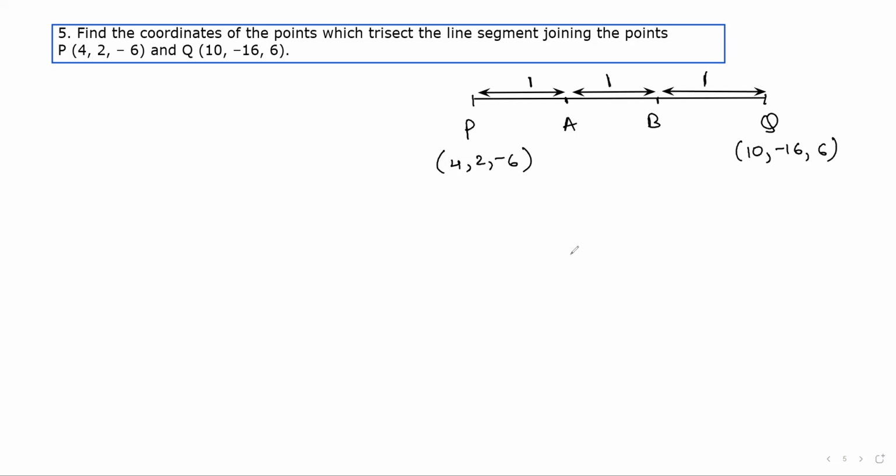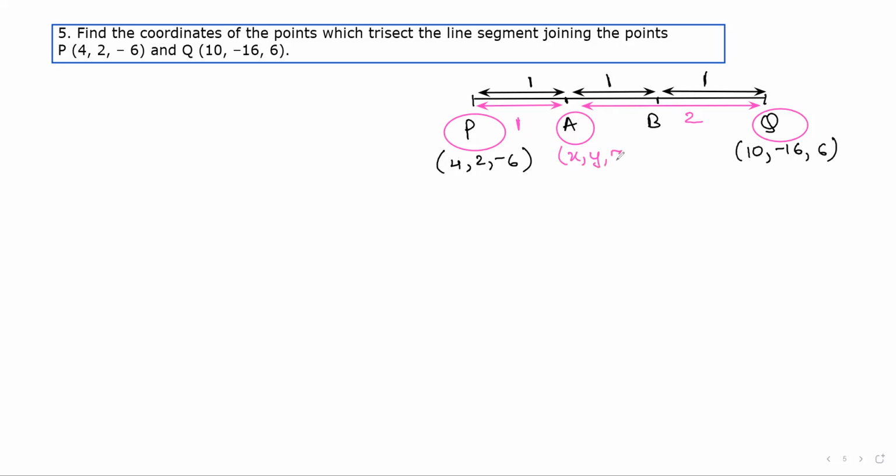First, we are considering points P, A, and Q only. We'll forget that B exists. So we can see that point A divides PQ in the ratio of 1 is to 2. Using this and forgetting that B exists, we can solve for A.